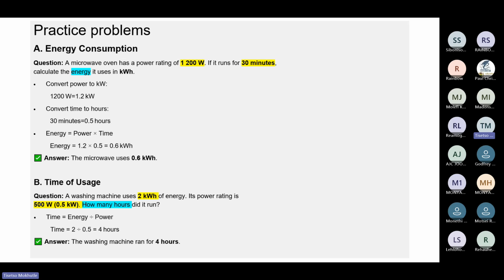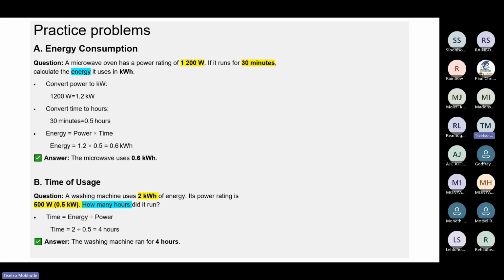So we know energy is power multiplied by time. But the only thing that you must remember, the watts must be converted into kilowatts by dividing by 1,000. The minutes must be converted into hours by dividing by 60. Those are standard units.